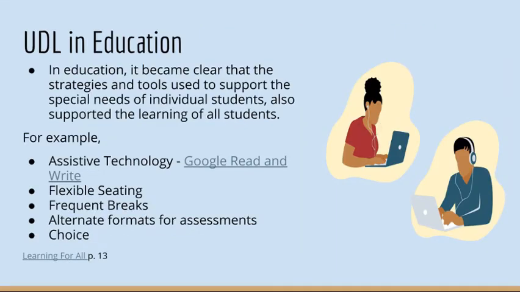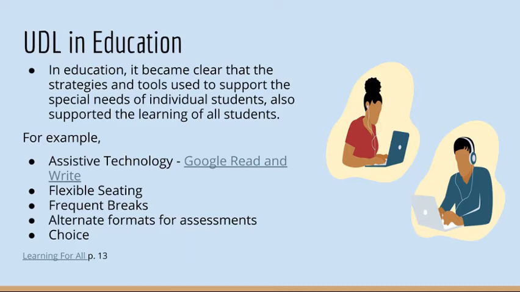Just like in architecture, it became clear in education that strategies and tools put in place to support students with special needs also supported the learning of all students in the class. All students can learn how assistive technology, like Google Read and Write, can support their reading, writing, organizational, and overall communication skills.